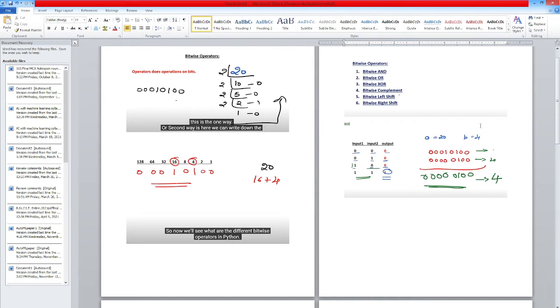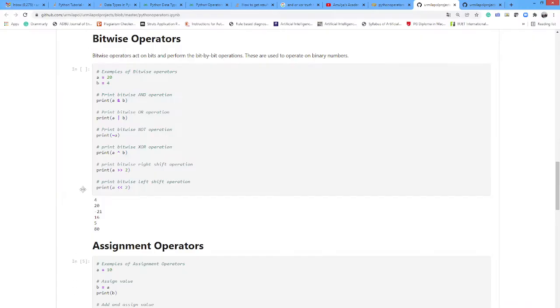After applying these rules, this is the binary number 0100, that is 4. Therefore this is bitwise AND and the answer is 4.